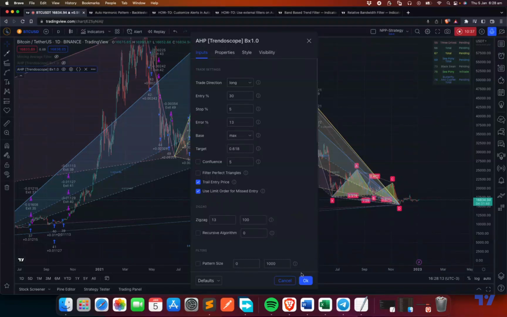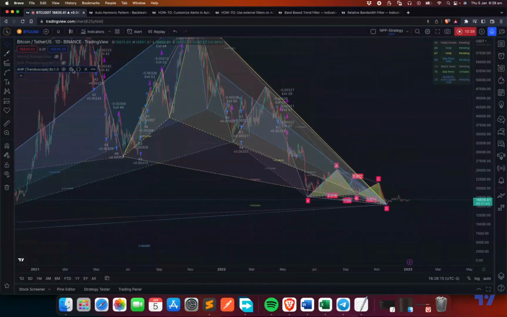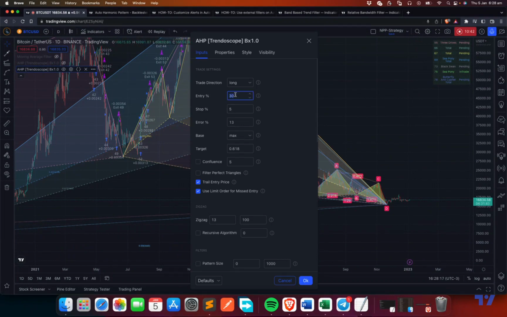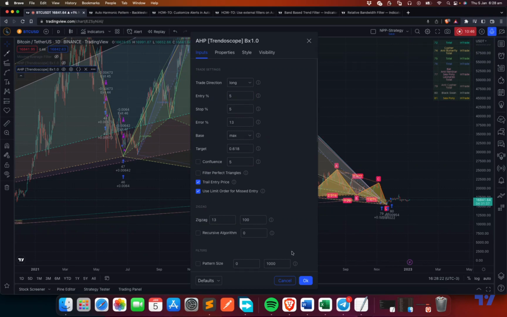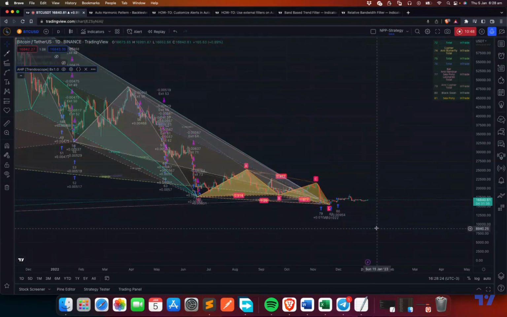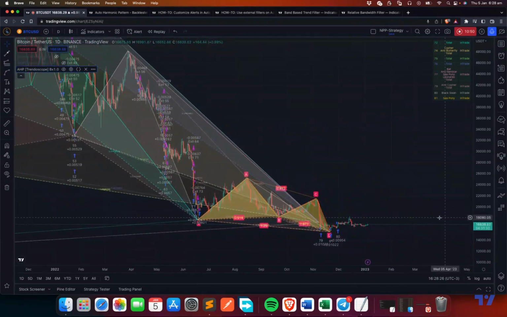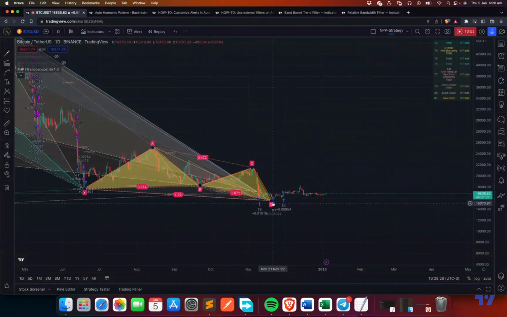Use limit order for missed entry. This is mainly useful for smaller entry positions. If you mention 5% entry and 5% stop, it's very easy to miss the trade. For example, if the pattern forms and then the price goes up like this, you pretty much miss the entry, right?